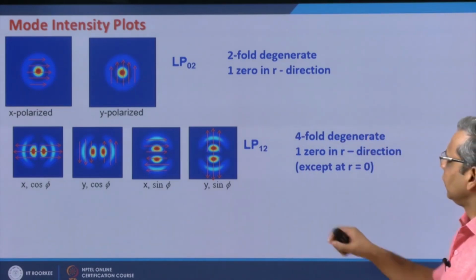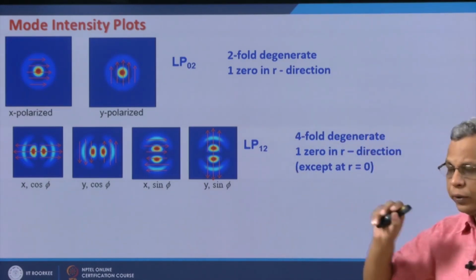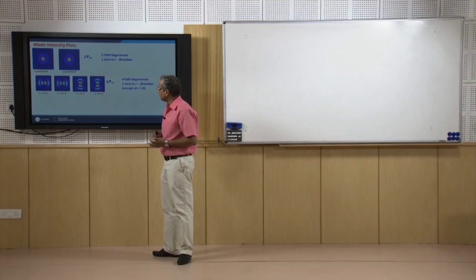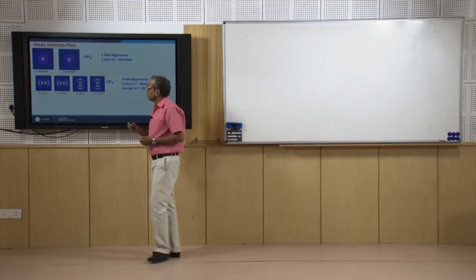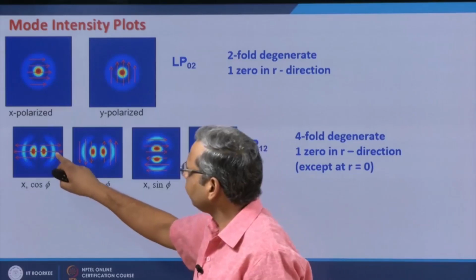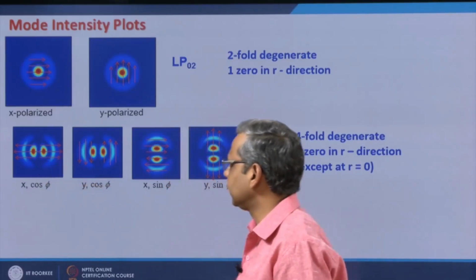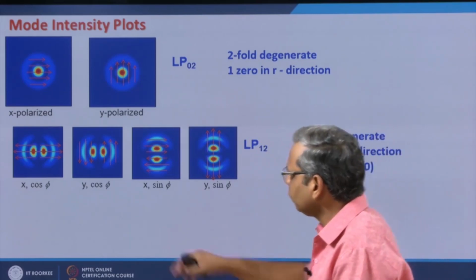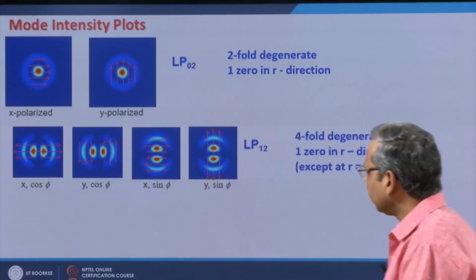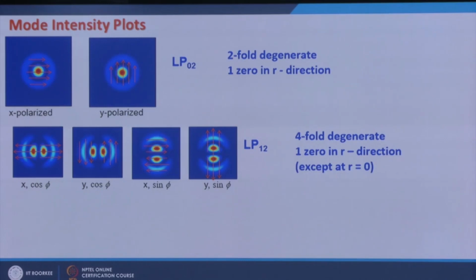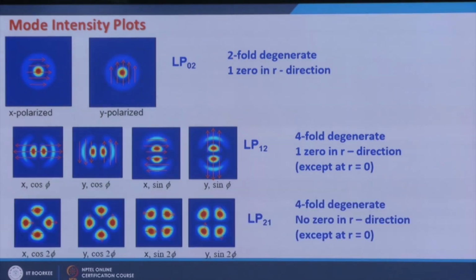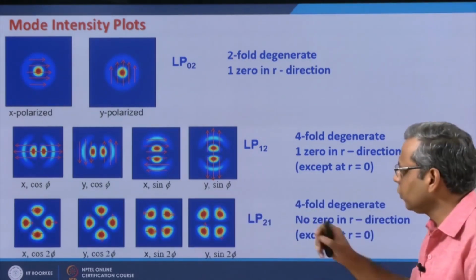If you look at the second mode in L is equal to 1 series, that is LP12 mode, then it will have 1 zero in r direction except a zero at r is equal to 0. So, the modal fields would look like this, and again this would be four-fold degenerate. This is LP21 mode.